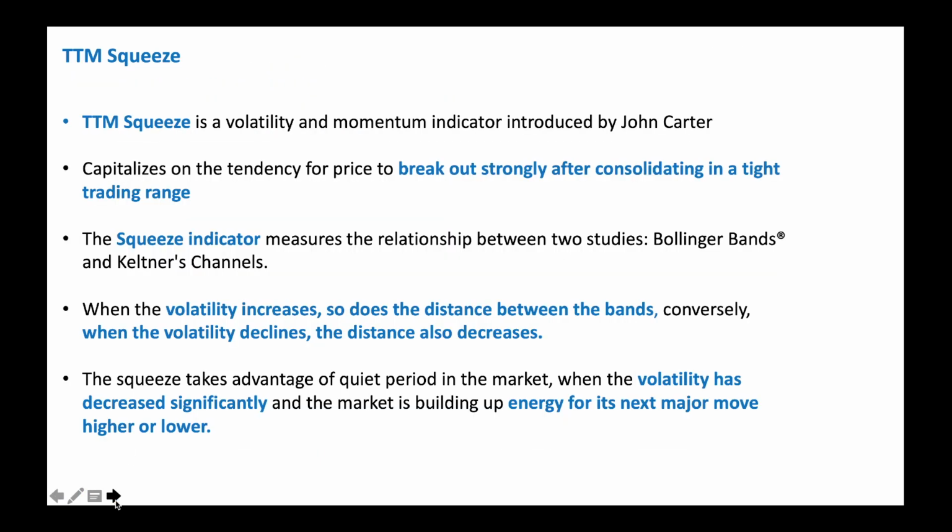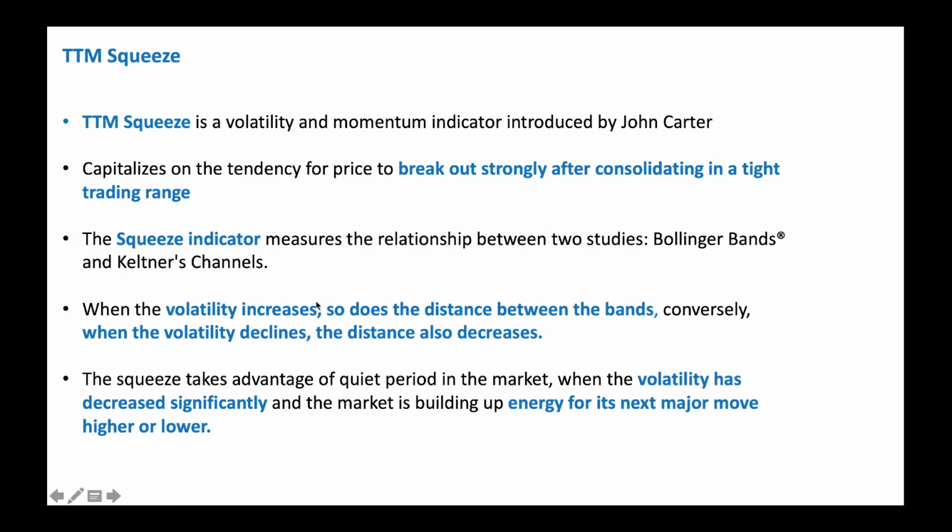What is TTM Squeeze? TTM Squeeze is a volatility indicator and a momentum indicator introduced by John Carter. It capitalizes on the tendency for the price to break out strongly after consolidating in a tight range. The squeeze measures the relationship between two studies. One is Bollinger Bands, the other one is Keltner channels.